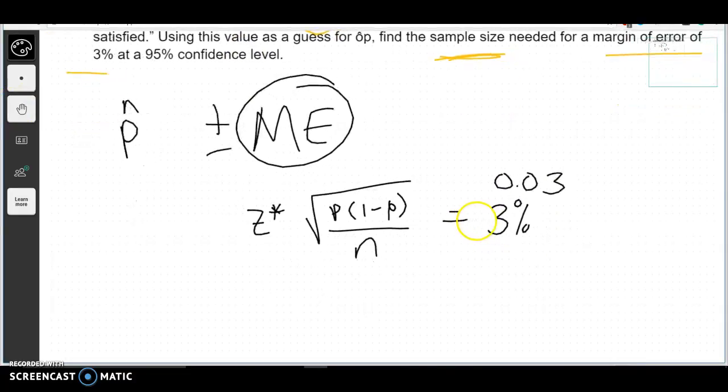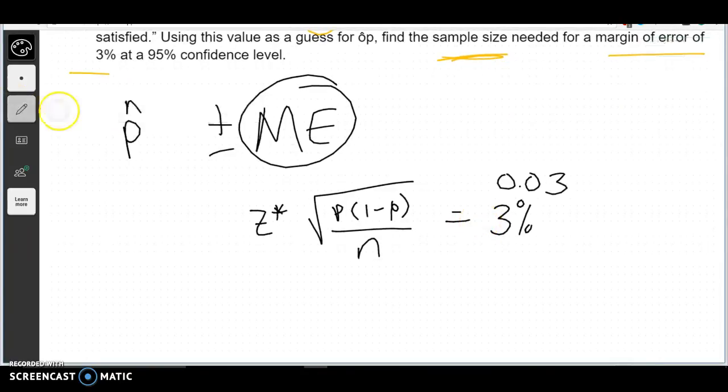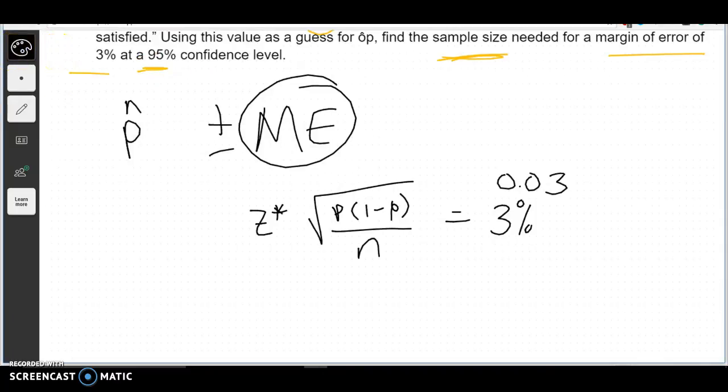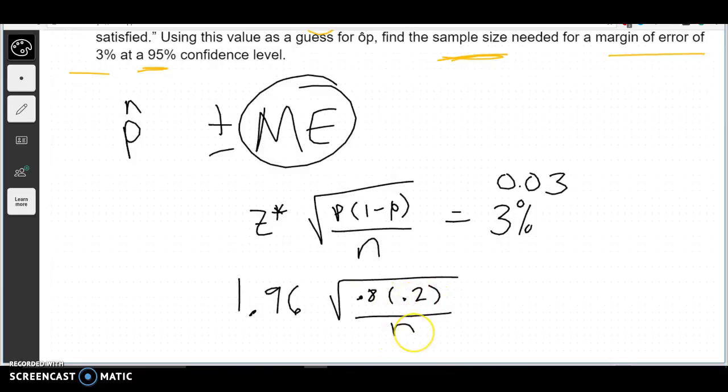Let's solve this. So our z star at 95%, and a good one to know from the tables, is 1.96. Our p that we found was 0.8, or 80%. So our 1 minus p would be 0.2. And that's going to be all over n. And we want that to be 0.03. The nice part is now we just get to do some algebra.